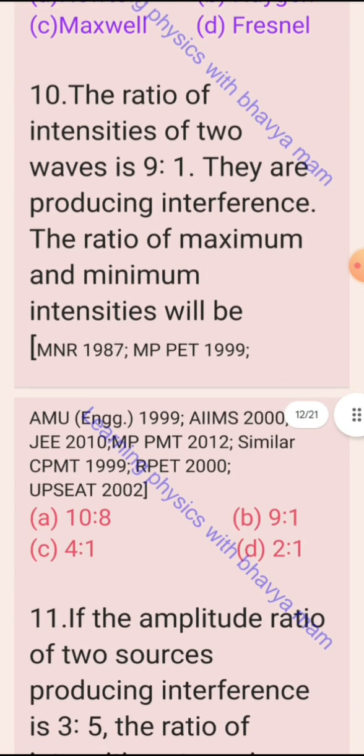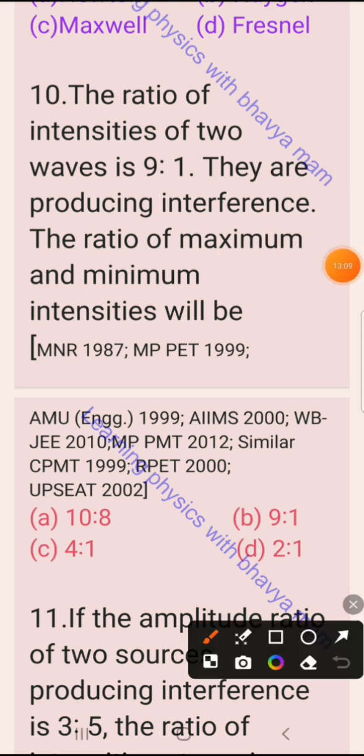Next, 10th question. The ratio of intensities of two waves is 9:1. They are producing interference. The ratio of maximum and minimum intensity will be. So this is also a very important question. This is mainly asked in AIIMS 2000, and so many times this question was asked in JEE and some other exams. You can expect it in KCET also.